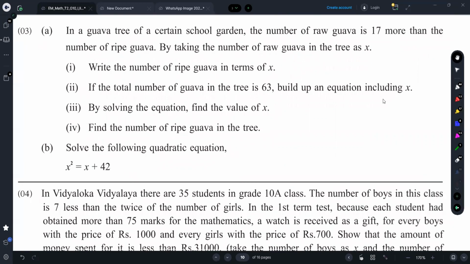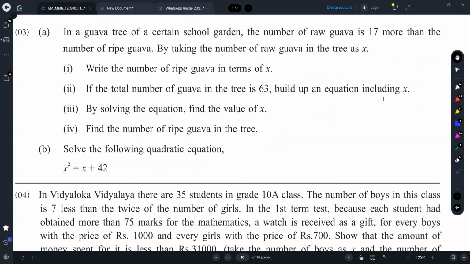Read the question. In a guava tree of a certain school garden, the number of raw guava is 17 more than the number of ripe guava. By taking the number of raw guava in the tree as x, write the number of ripe guava in terms of x.